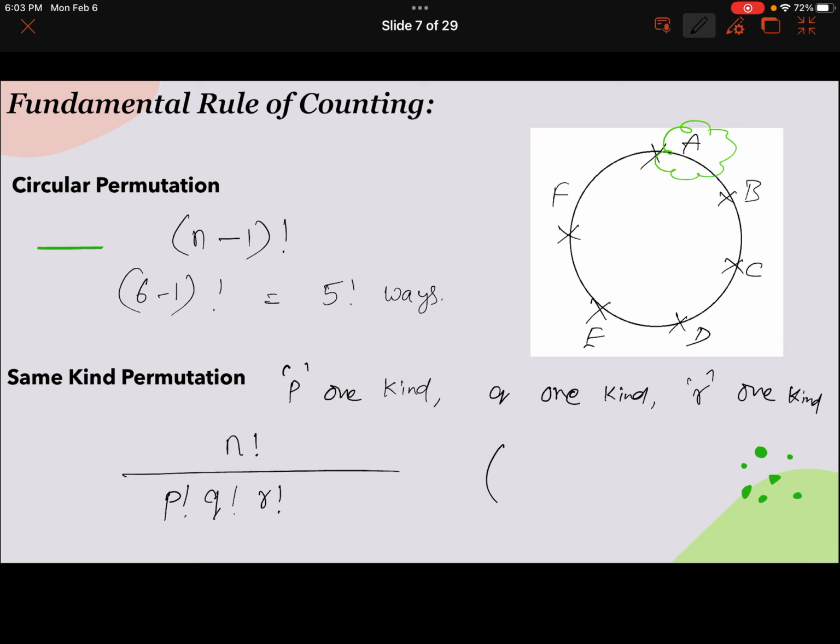For example, boy and another boy are of the same kind, so swapping them doesn't affect the arrangement. That's why we divide for the same kind.